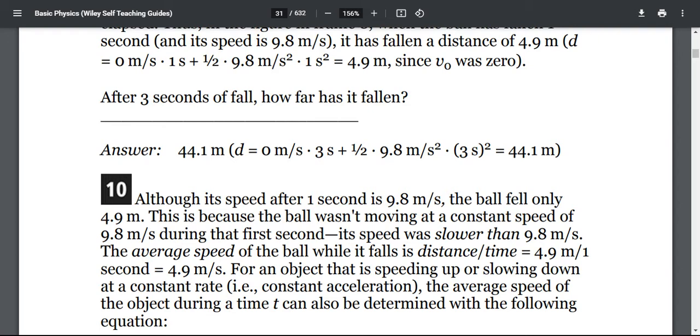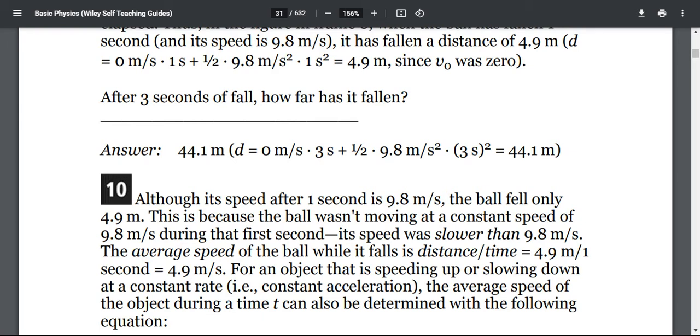So the average speed of the ball while it falls is distance over time, 4.9 m over 1 s, equal to 4.9 m/s. So for 1 second it falls a distance of 4.9 m.